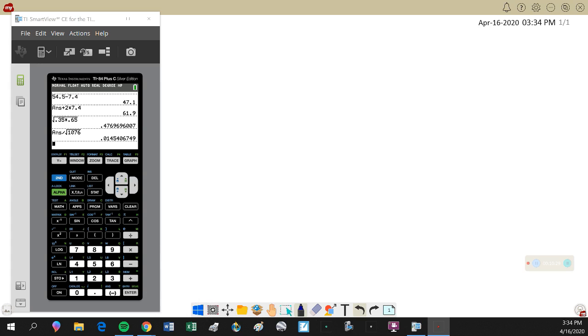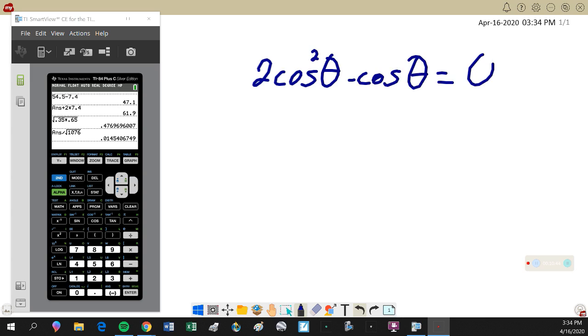The next one was number 31. 2 cosine squared of theta minus the cosine of theta is equal to 0. And I want to solve from 0 to 2 pi.